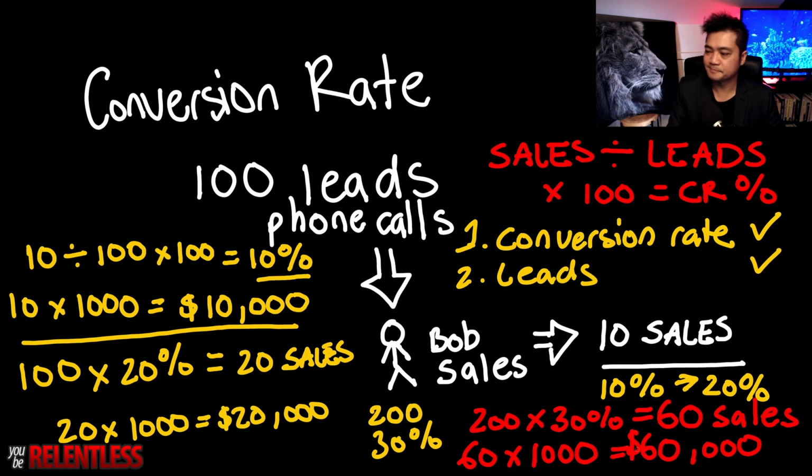Not bad, hey? So you can see that Bob has increased his leads, he's increased his conversion rate, and ultimately he's increased his income as well. So you can see the power of understanding conversion rate.